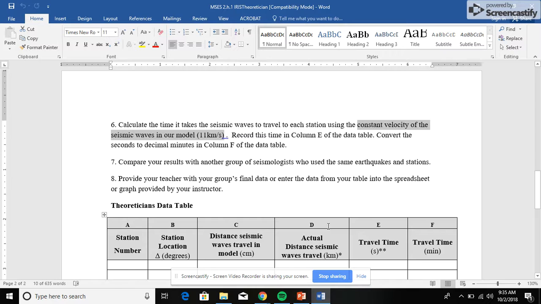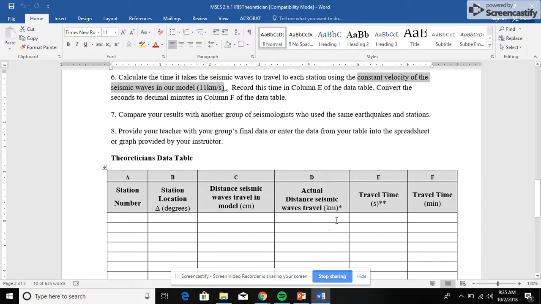So we're going to do some division here. To get the answer for column E, you take the answer you have in column D and divide it by 11. You might make a note above column E to take column D divided by 11 to get your travel time in seconds.